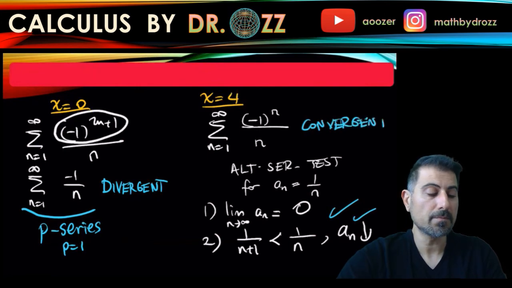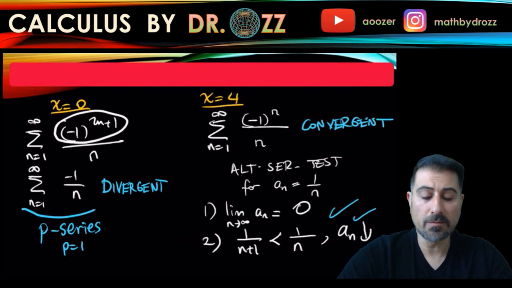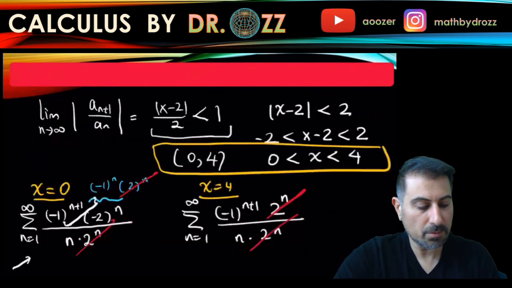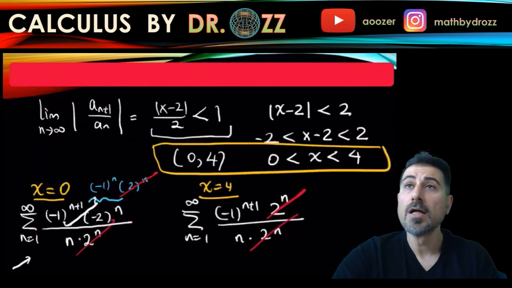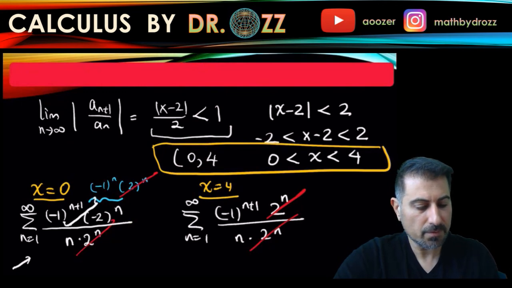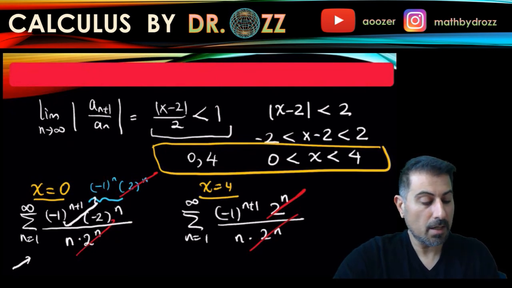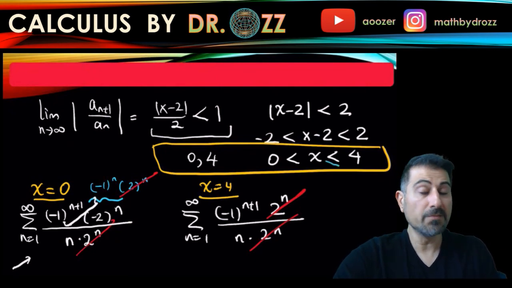x equals 0 is divergent, and x equals 4 is convergent. Going back to our analysis here, I can in fact touch up this interval that I came up with. First of all, we add x equals 4 as a convergent case, so I can add the equality sign here.